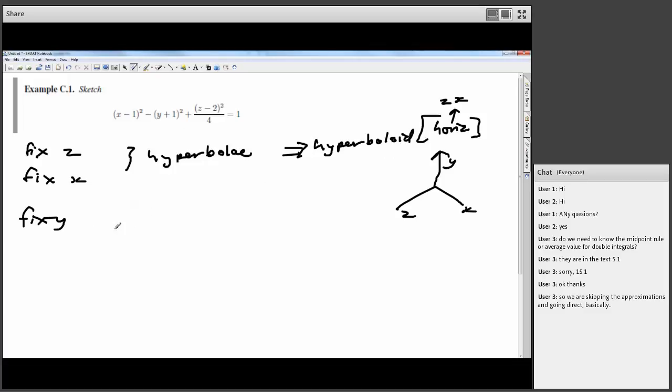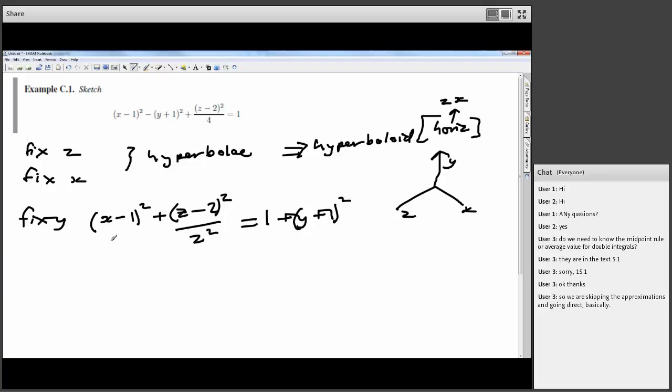So if we fix y, in this case we're getting (x minus 1) squared plus (z minus 2) squared on 2 squared, is equal to 1 plus (y plus 1) squared.